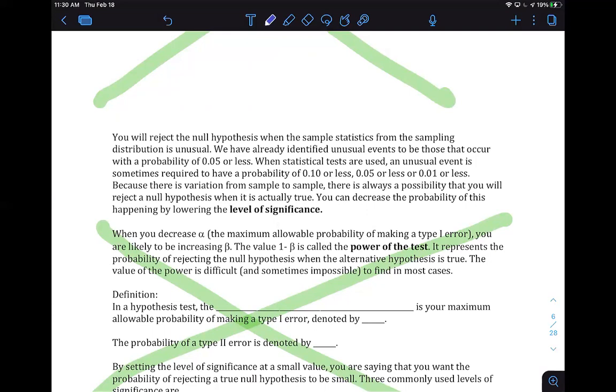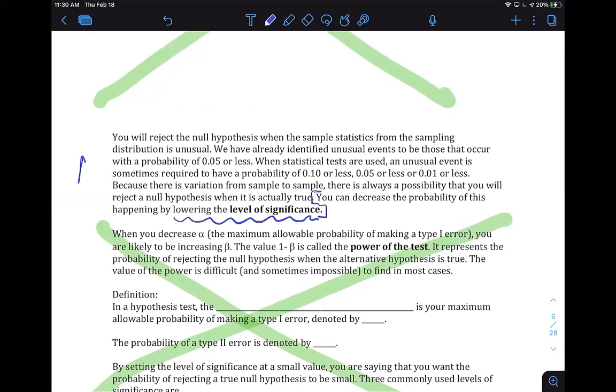Because there's variation from sample to sample, there is always a possibility that you will reject a null hypothesis when it's actually true. That's based off what we're not going to go over. It's called a type 1 and a type 2 error. It's not that important, it's just a vocabulary thing. We're going to skip it. But the key thing here is that you decrease the probability of having an error by lowering the level of significance.